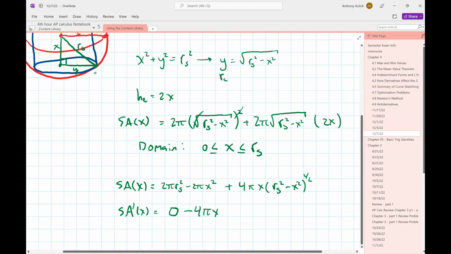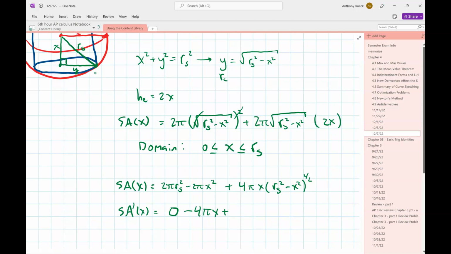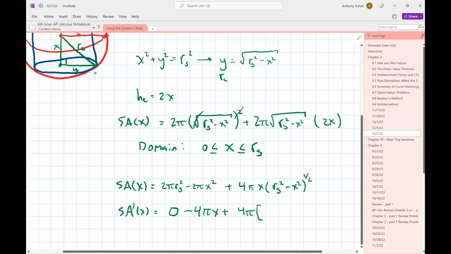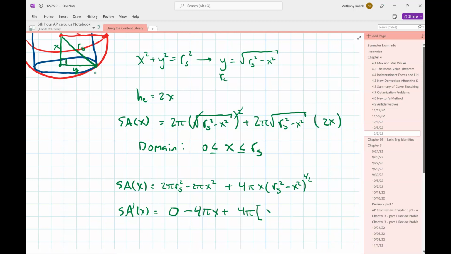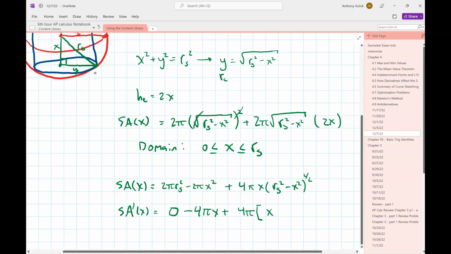4 pi x. And then the derivative of 4 pi x times the square root of r squared minus x squared. Product and chain, good. So I'm going to just pull the 4 pi out front. And then we'll do the product rule. So I'll have x times the derivative of the square root of r squared minus x squared.